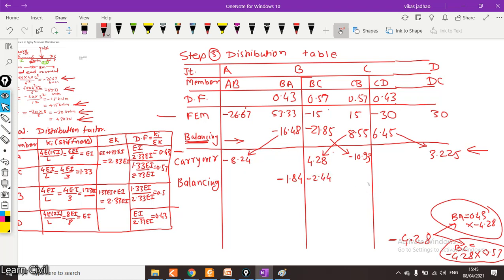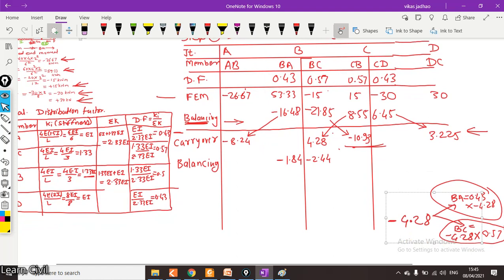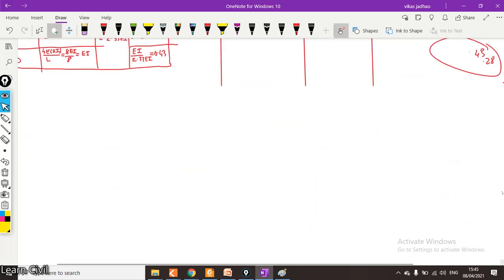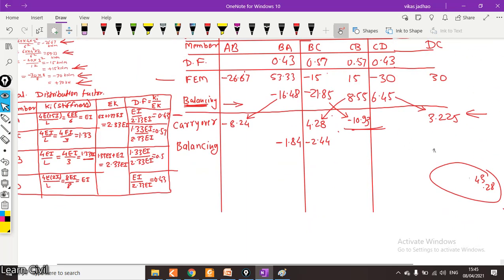Again at this particular joint C, we will be having an unbalanced moment of minus 10.93.